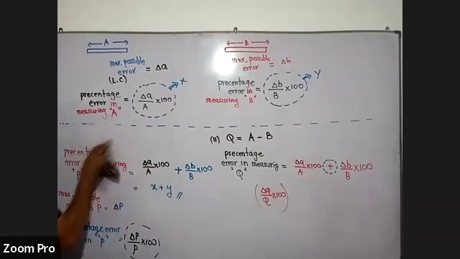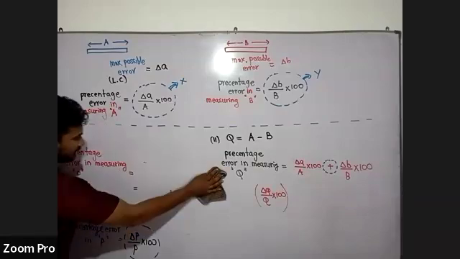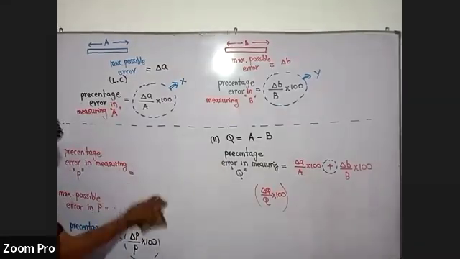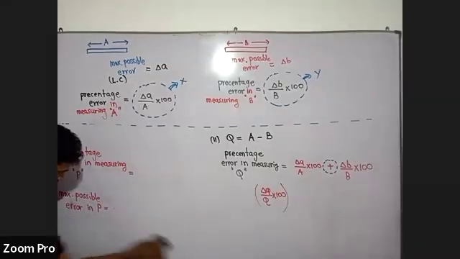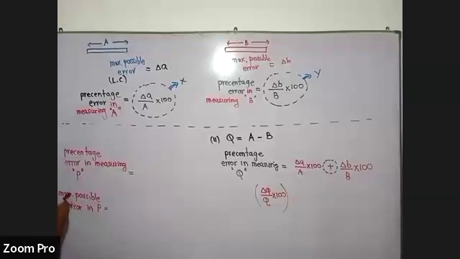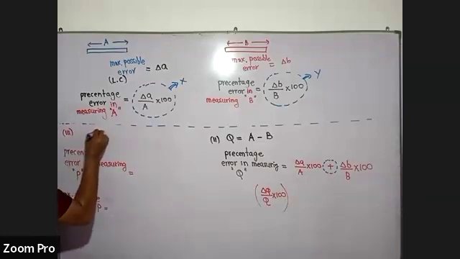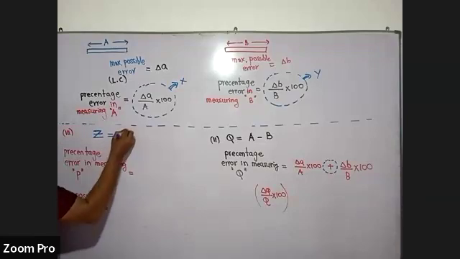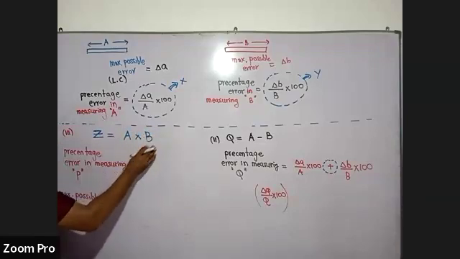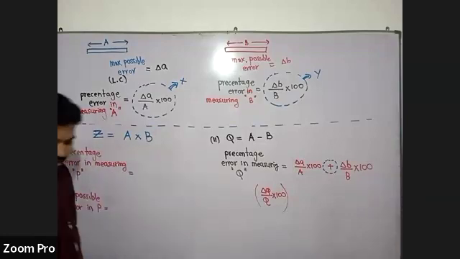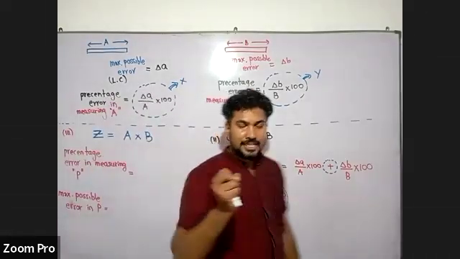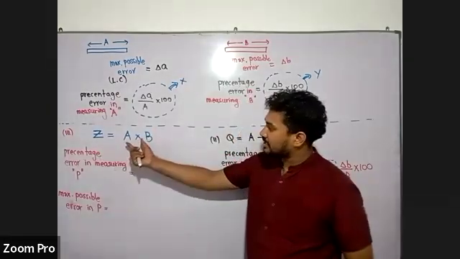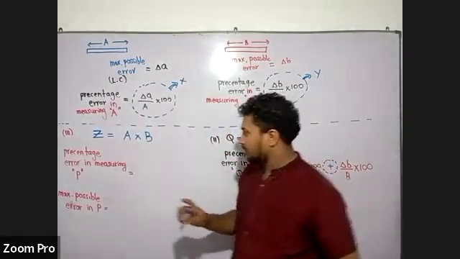Let's take another one. So guys, this is the third example, right? Let's assume that there's another quantity Z, right? So Z can be obtained by taking the product of A and B, right? So Z is a particular physical quantity obtained by considering the product of A and B. Okay, right.